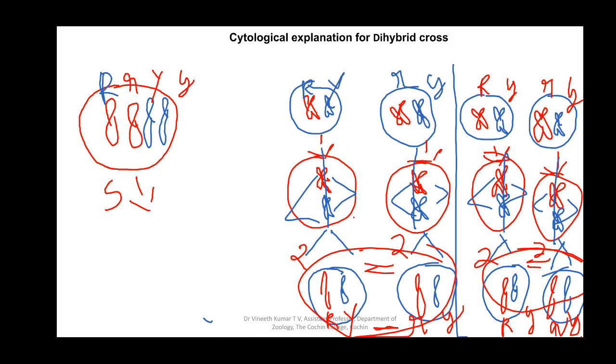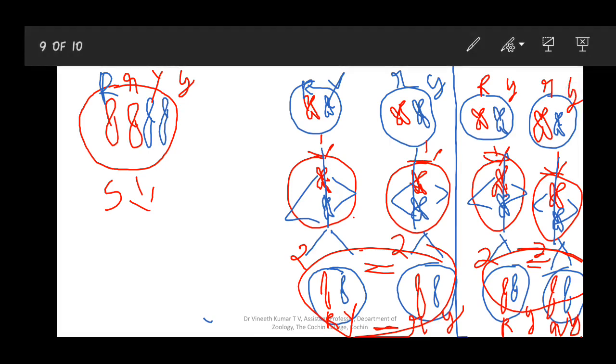I think I made a mistake here. This will be small r, capital Y. So just make it clear, I just wrote it as a small r. The one possibility here is small r, capital Y. Here you have the small r, small y. That is one possibility.